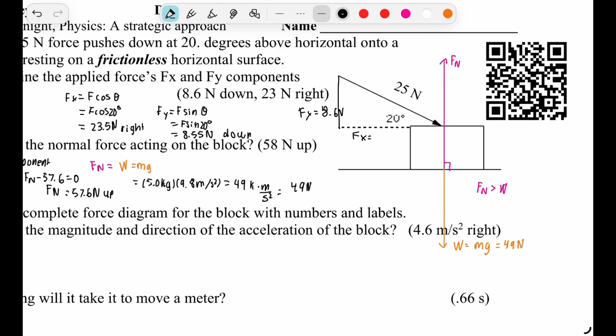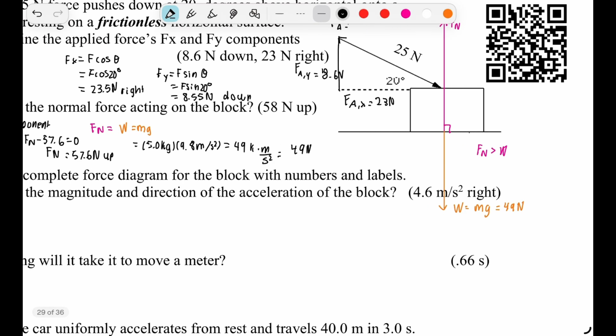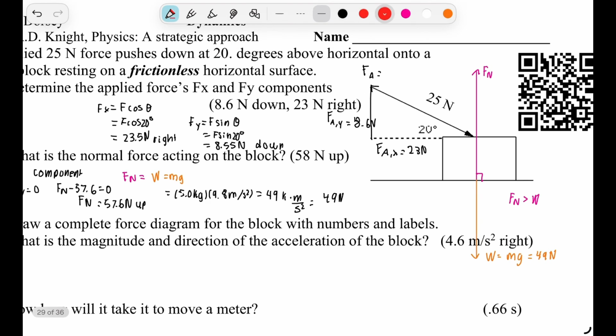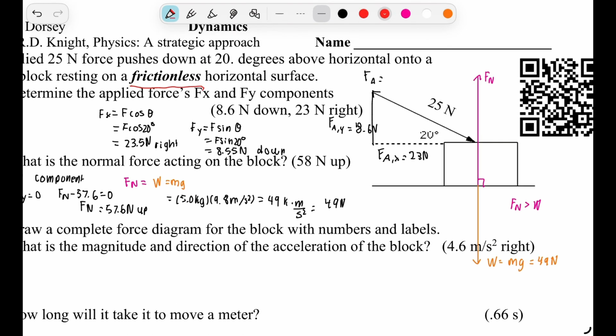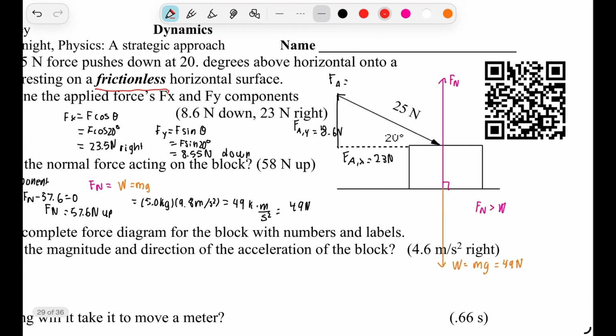Our applied horizontal, you can say F. We can actually label this FAY and FAX, which is 23 newtons. This is FA. Now, on the left, we have nothing because it is frictionless. Now, your largest arrow is going to be this 58 newtons.